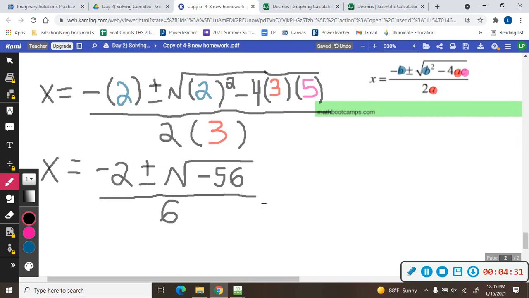Now from there, I need to reduce the square root of negative 56. Square root of negative 1 is i. So you could take out the negative and make that an i. So now we have i times the square root of 56.